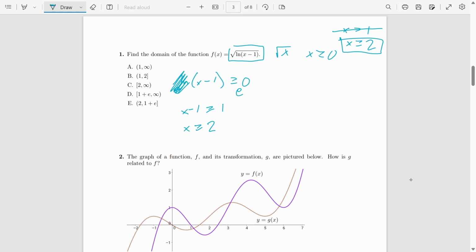Then we take this domain restriction and put it in the form that it wants over here. It looks like it'll be C. That's our answer. What it's saying is that x starts at 2 and then ends at infinity.